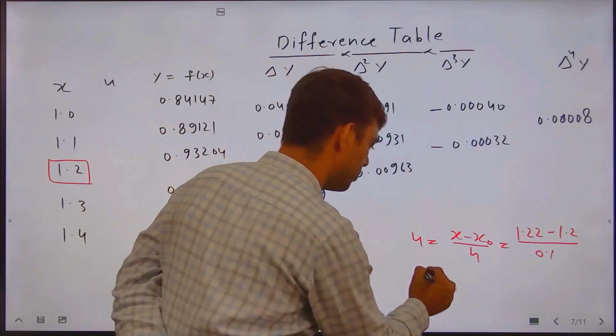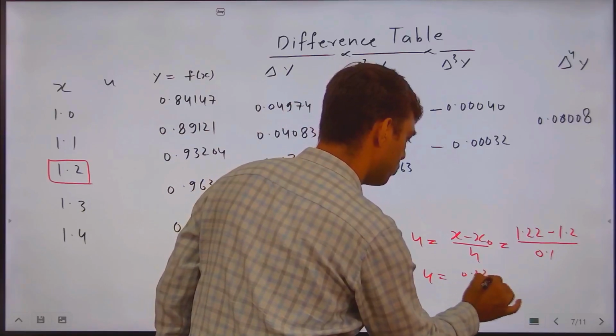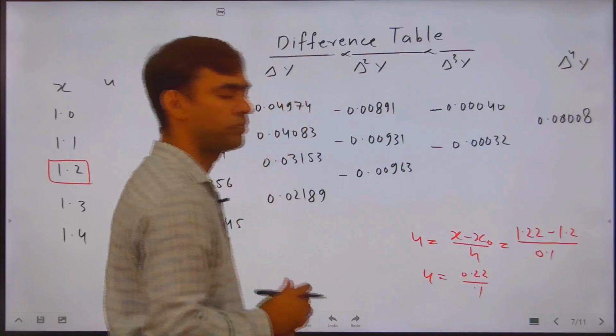So what is the value of u? u is 0.22 divided by 0.1.